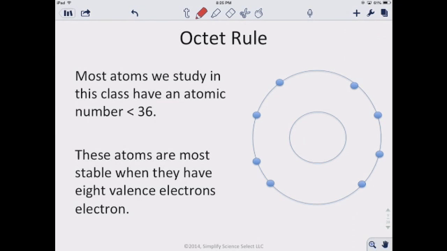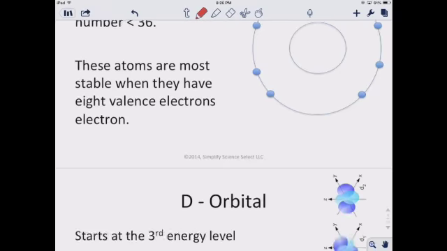They want 8; 8 makes them stable, makes them happy, and 8 electrons will satisfy them. That's what the octet rule is. Oct meaning 8: atoms like 8 electrons in their outer energy level, 8 valence electrons.